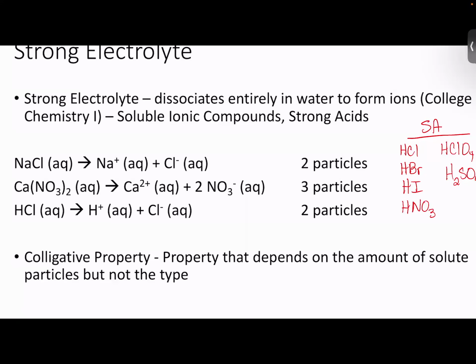Calcium nitrate, because it dissociates to form calcium ion and nitrate ion, means that there are 3 particles in solution, 1 calcium and 2 nitrate. Hydrochloric acid, because it dissociates entirely in solution, has 1 hydrogen and 1 chloride, or 2 particles.